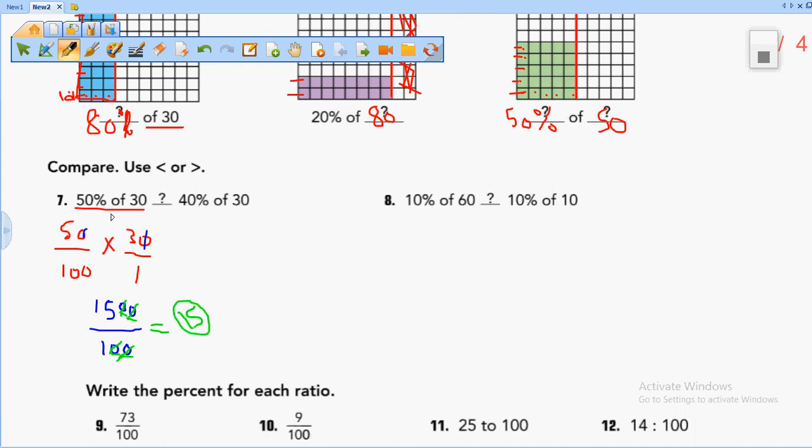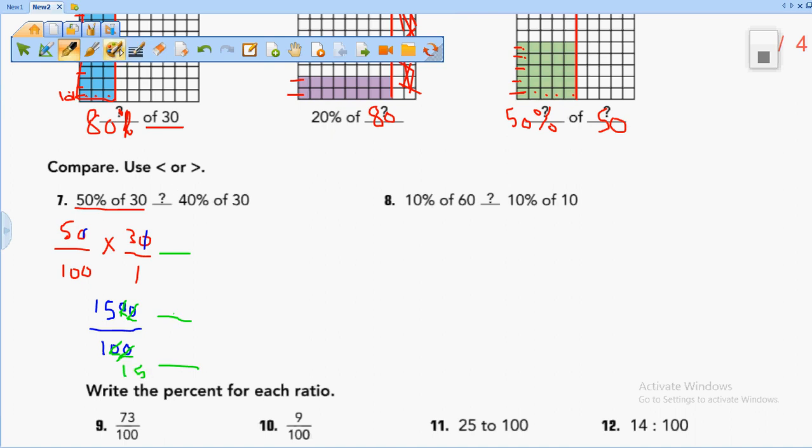That means 50% of 30 is 15. And here, 40% again. Wait one minute because here we don't have any space. I will keep this one here again. So the answer here is 15.